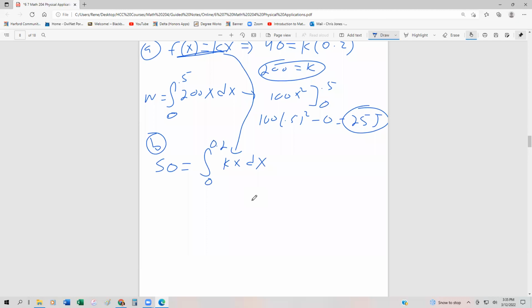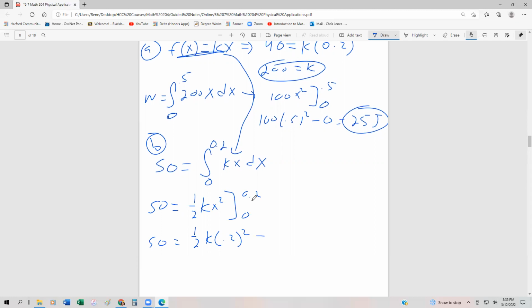So if we evaluate this, we're going to get that 50 is equal to 1/2 kx squared, and that's going to range from 0 to 0.2. 0 is negligible, so 50 is going to be equal to 1/2 k times 0.2 squared.